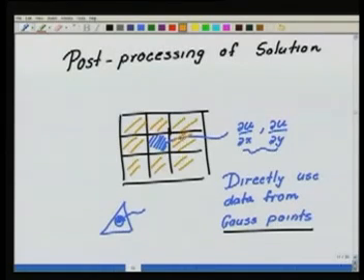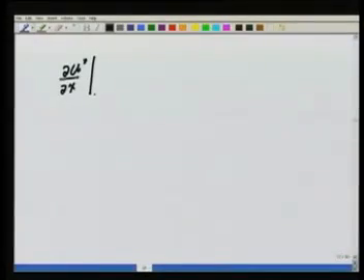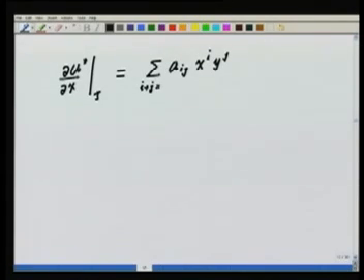Okay. Now over these elements I can have a very simple fitting, where ∂u*/∂x with respect to the element of interest τ is equal to the sum of a_ij x^i y^j, such that i + j = 0, 1, 2 up to p.